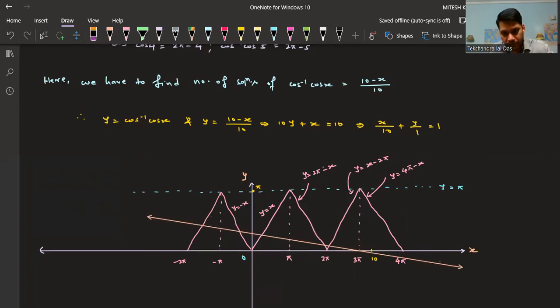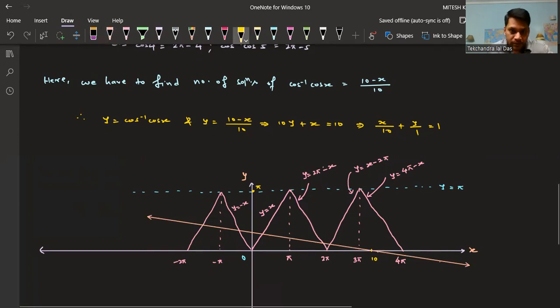See, this line here, and this point will be 0 comma 1. In fact, this point is 0 comma 1, and this is 10 comma 0. Now the graph of the equation of this line is y equal to (10 minus x) by 10.